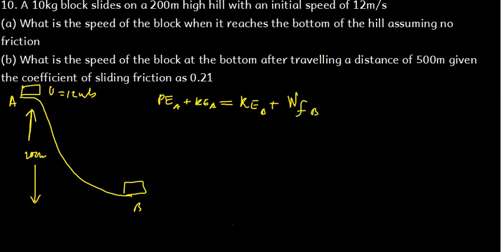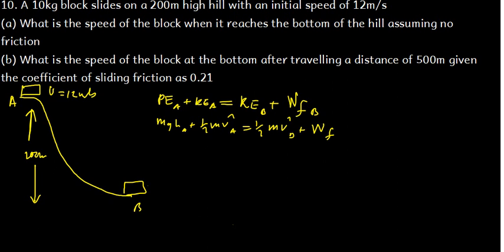Now the potential energy is given by mgh. This is at point A. Kinetic energy is half mv squared at point A, and that will be equal to the kinetic energy at B, half mv squared at B, and then the work done by friction.